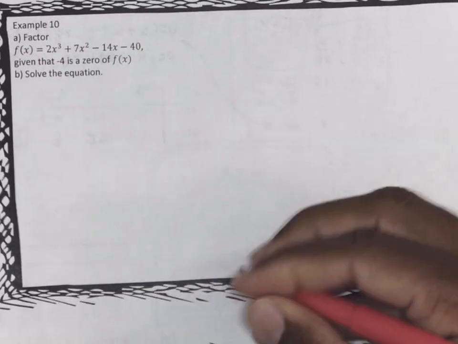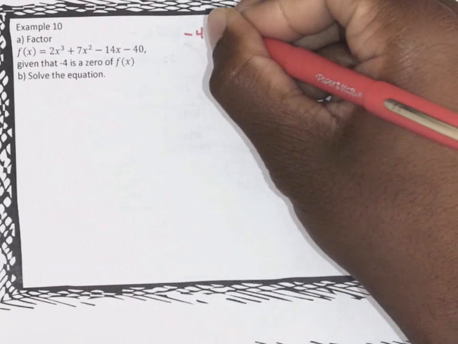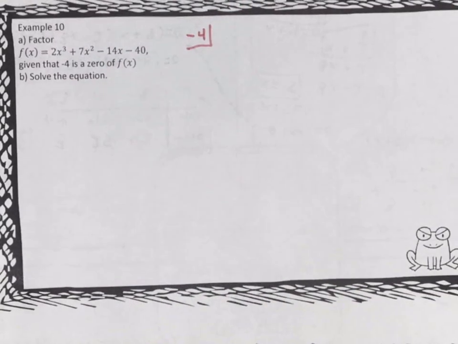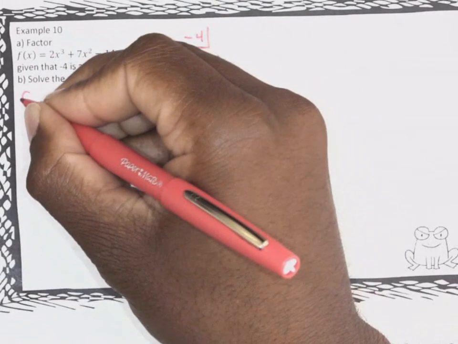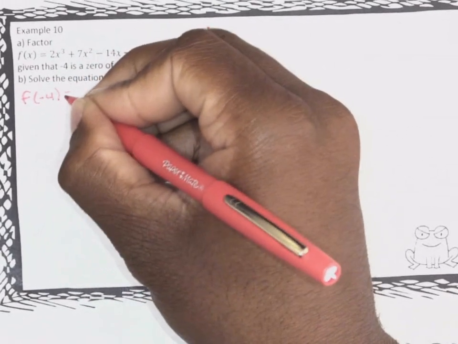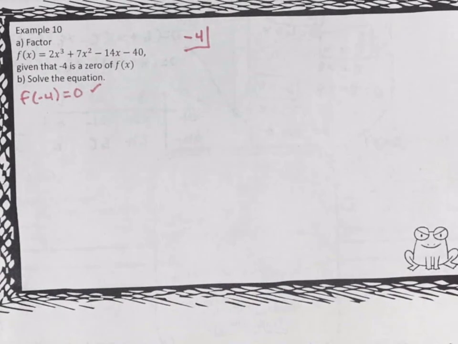So we know negative 4 is a 0. Let's go ahead and divide it. Simplify our function. Just to be clear, what that's telling me is that f of negative 4 equals 0. So it's a factor.